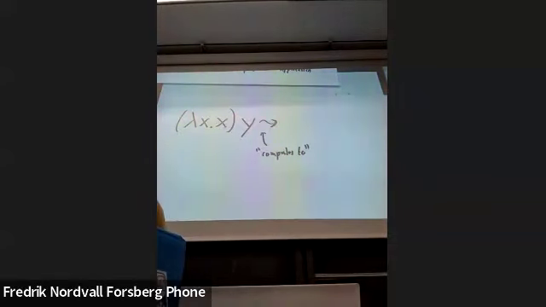And the key rule that makes all of computation happen in the lambda calculus is that when you have an application, so a function, then an input, where the function is given as a lambda, then you can compute the output of the function by substituting the input of the function for the variable left of the dot in the term to the right of the dot.